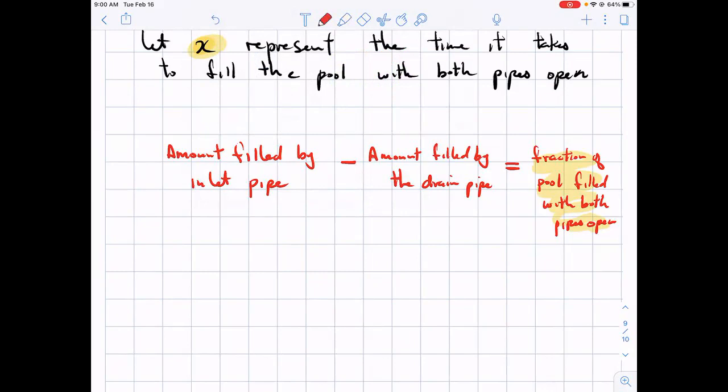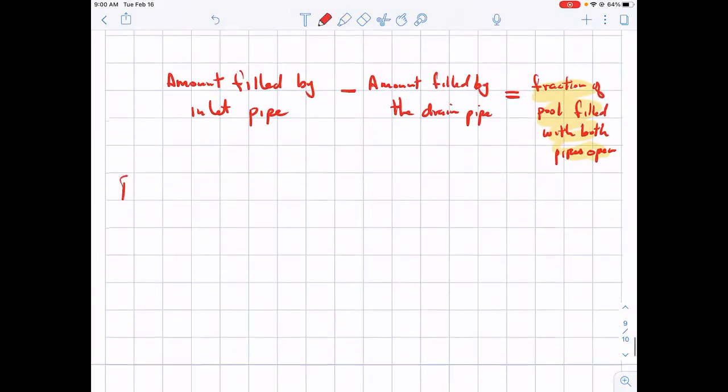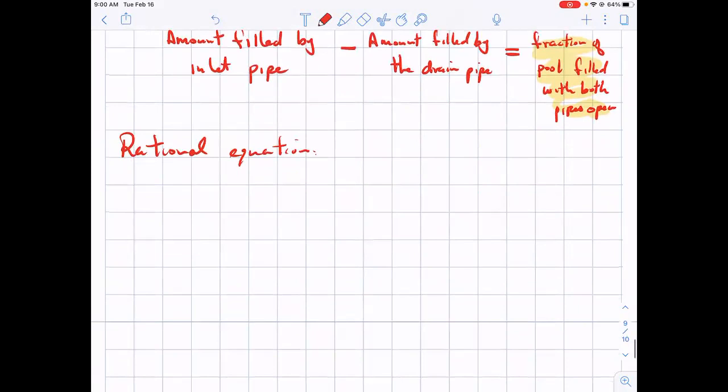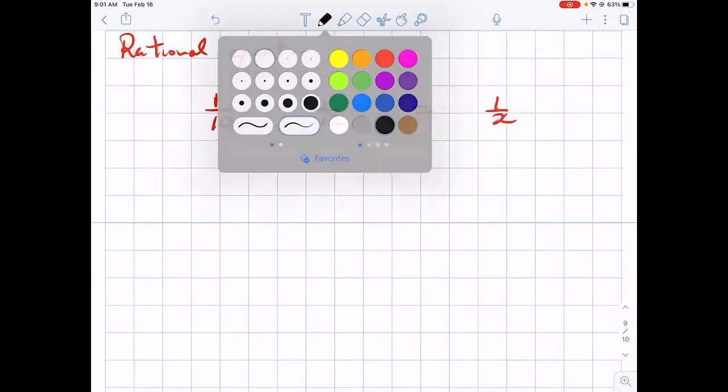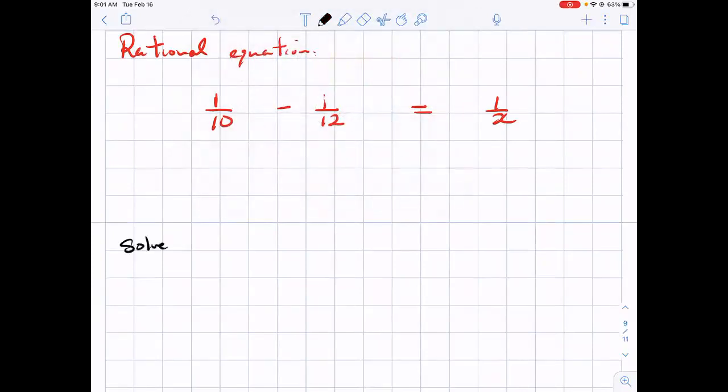So our rational equation is 1 over 10 minus 1 over 12 equals 1 over x. And this is the equation we have to solve.